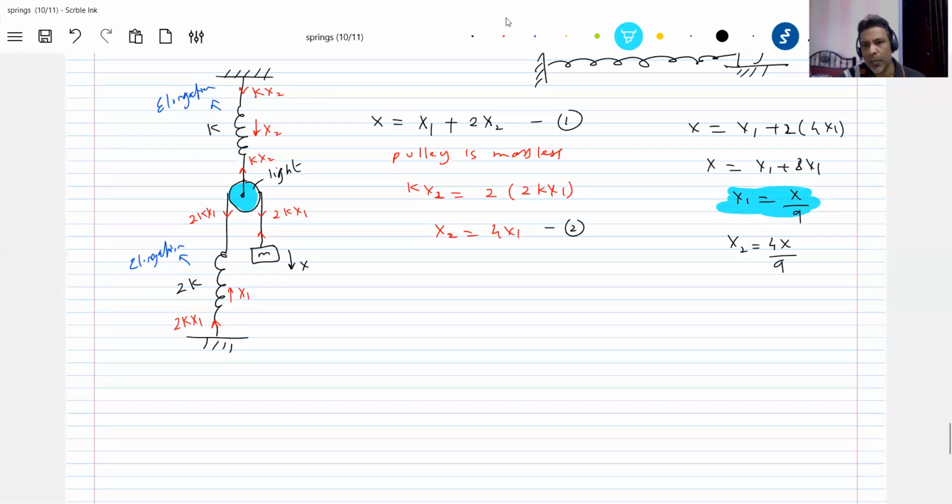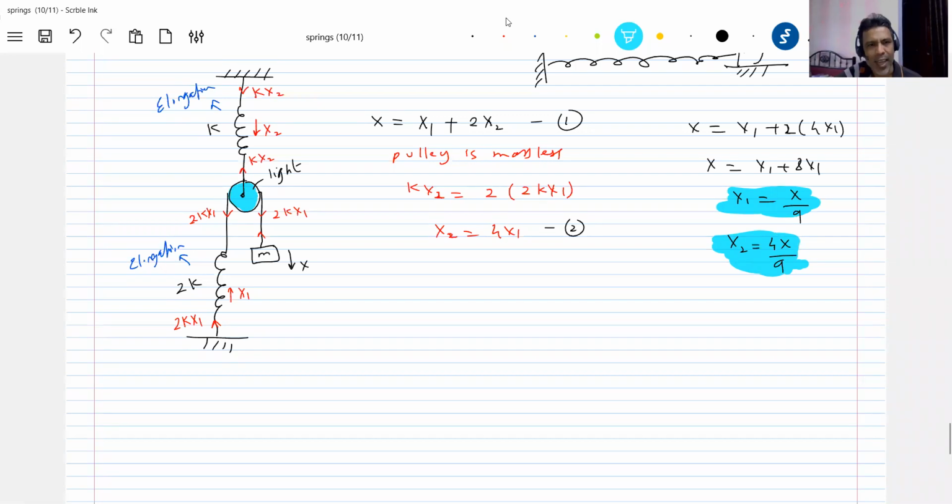If x is the displacement of the block, the displacements of the other two springs are given by this much. If they are in series or something, can you say anything about series, parallel? No, they are not series, not parallel. Sir, how do I come to know?